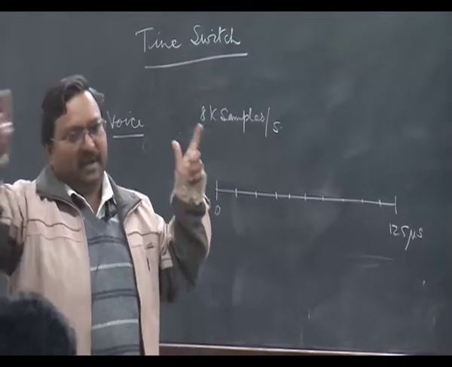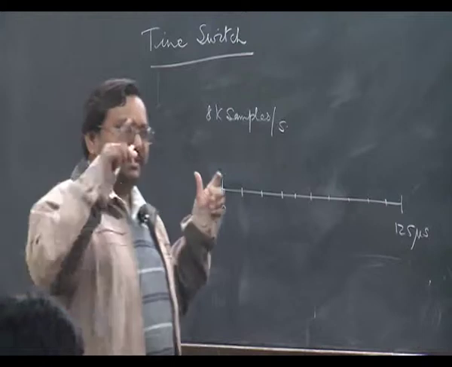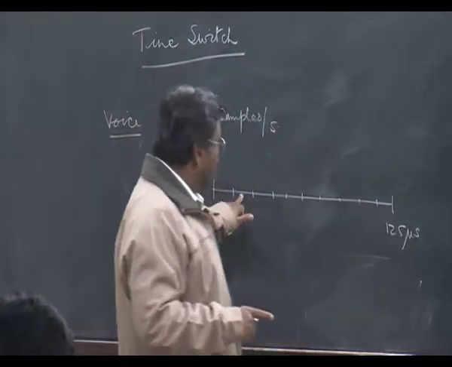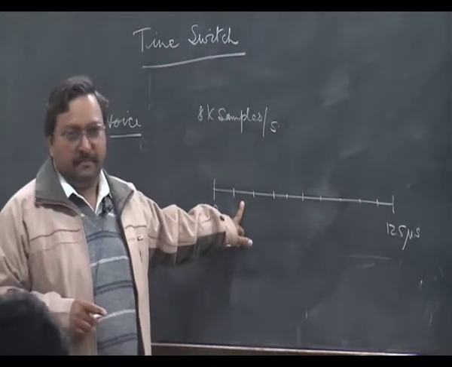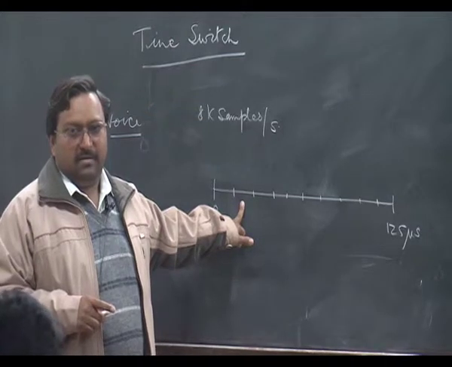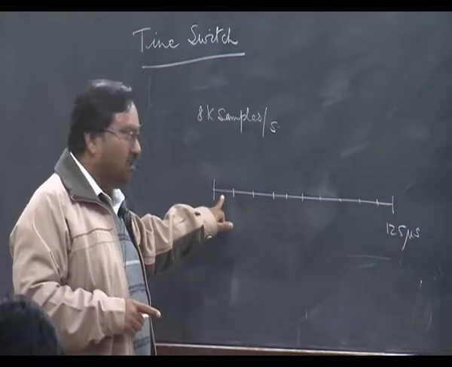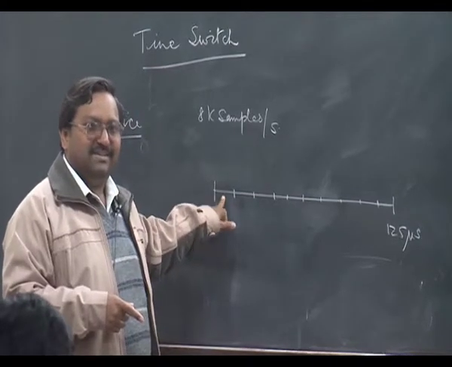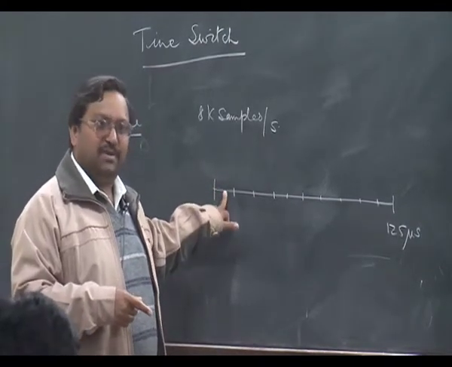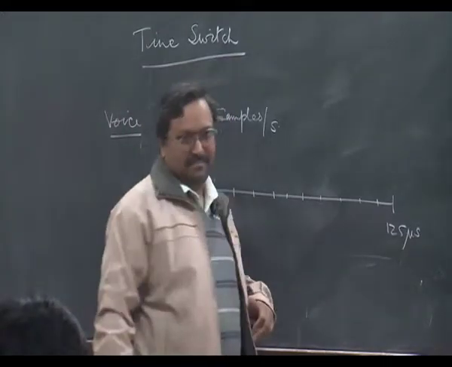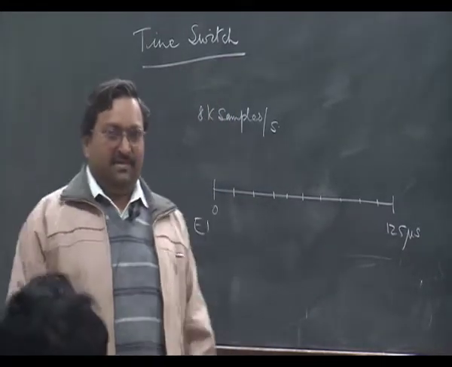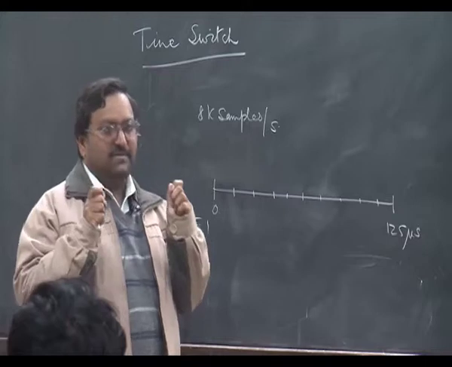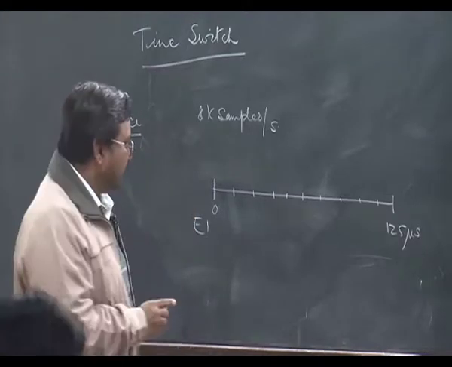So when you are setting up a path from the source to destination, it is the slot number which actually matters. If this is going to be from your phone to someone else's phone, with this slot number being given, your voice sample will only go in this particular slot in this particular frame. This is something which we are going to use to build up a time switch.